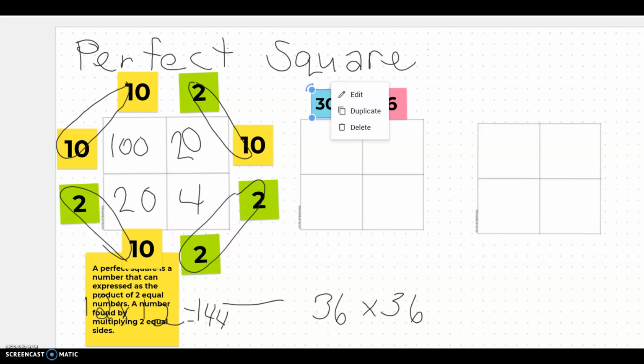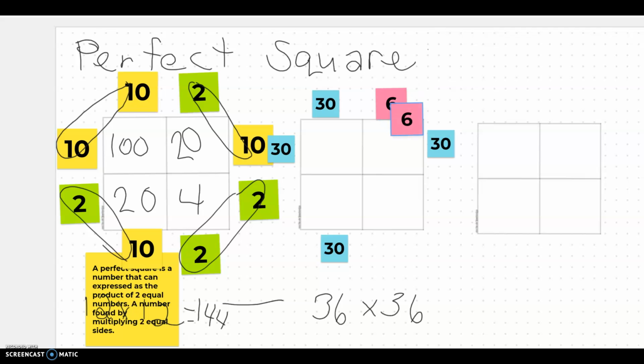I'm going to go ahead and duplicate that. 30 is going to go down here. 30 is also going to go over here. If it goes over here, it has to go over here. And I have 6, I'm going to duplicate that. That's going to be 6 on the top, 6 on the bottom. I'm also making 36 on the side, so I need a 6 here. And I need a 6 here.